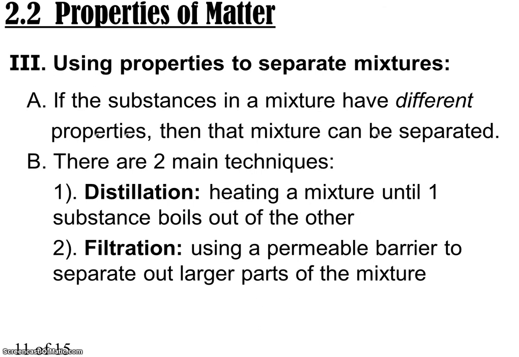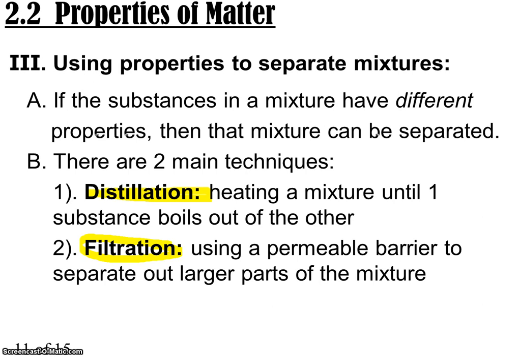Now, if we have a mixture, we can use these properties to our advantage to separate them. So there are two main techniques we're going to cover for separating a mixture. One of which is called distillation, the other is filtration, but there's lots of others. So in distillation, you are going to heat a mixture until one of the substances boils out of the other.